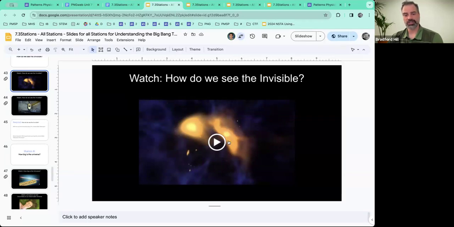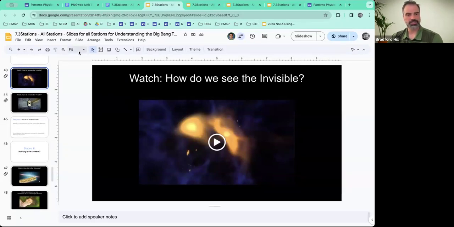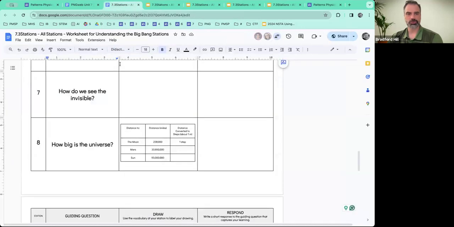So those two are on a collision course, and the Milky Way has already swallowed up several small galaxies, and that's one of the things that gave us our spiral arms. Okay, so this video shows some of that, but that is how do you see the invisible? And I'll hand it over to Matt to talk about Station 8.